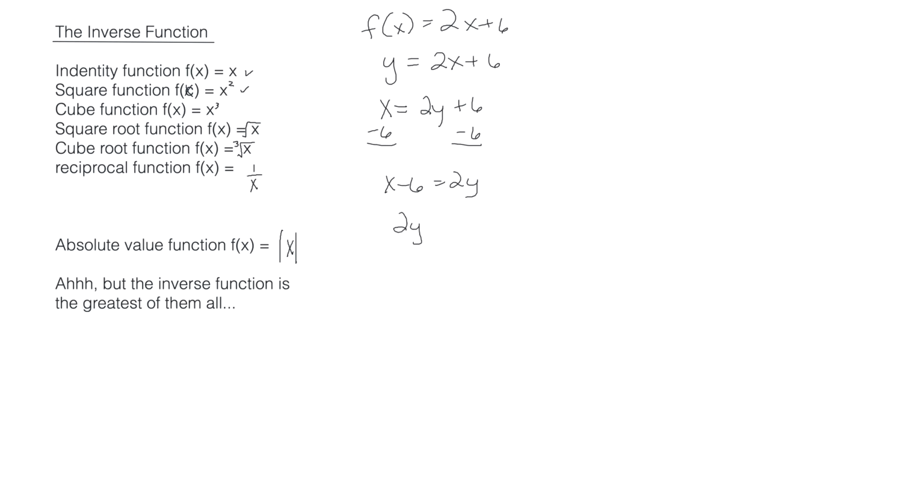Switch the sides, but not mess with the value any. It's totally legal. And divide by 2 both sides because I want to get the y by itself. y equals x minus 6 over 2 is my inverse function.